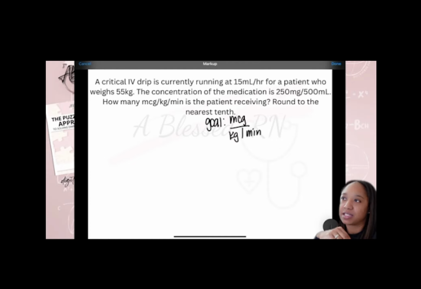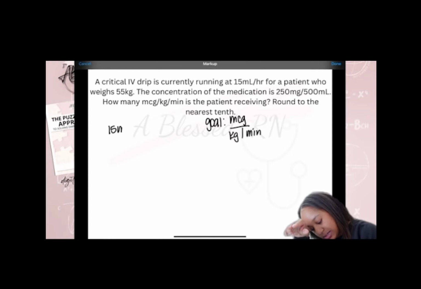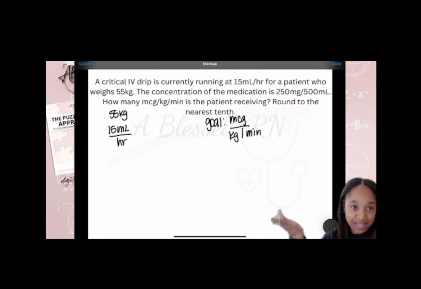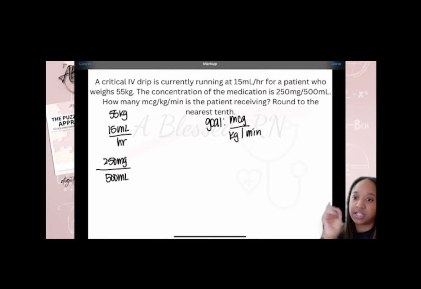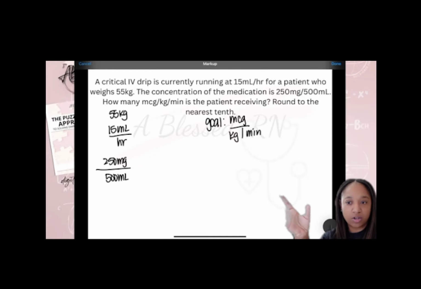So next, what are our puzzle pieces? What are the things that are together? So 15 milliliters per hour is together. 55 kg is just by itself, so we'll leave it by itself. And then 250 milligrams per 500 milliliters is together. Okay, so you see, we keep what's together together. You keep what's separate or single by itself.